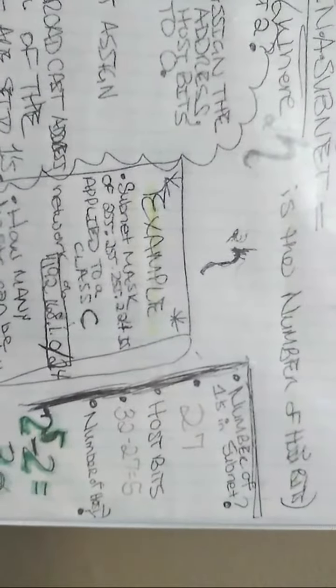The whole address is 32 bits. So what's left is 5. 32 minus 27 equals 5. So it's 2 raised to the power of 5, which is 32. Then subtract 2, and that gives us 30.